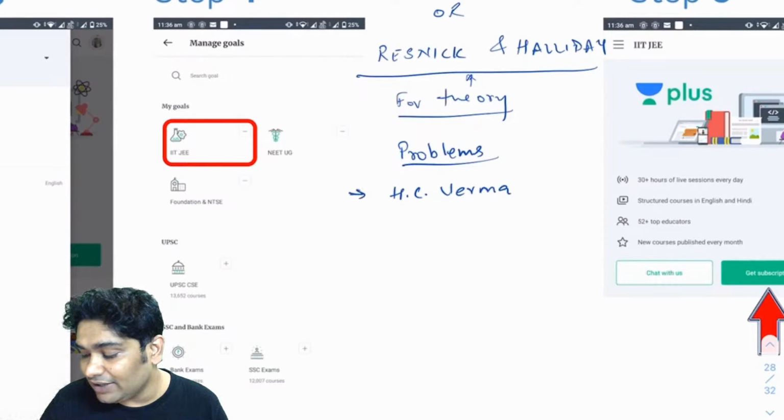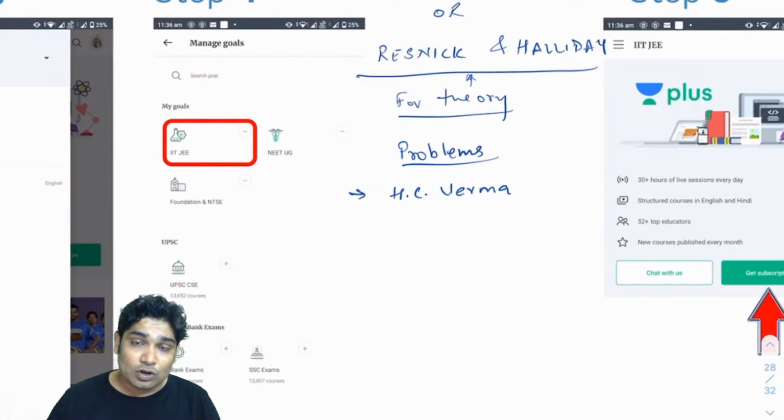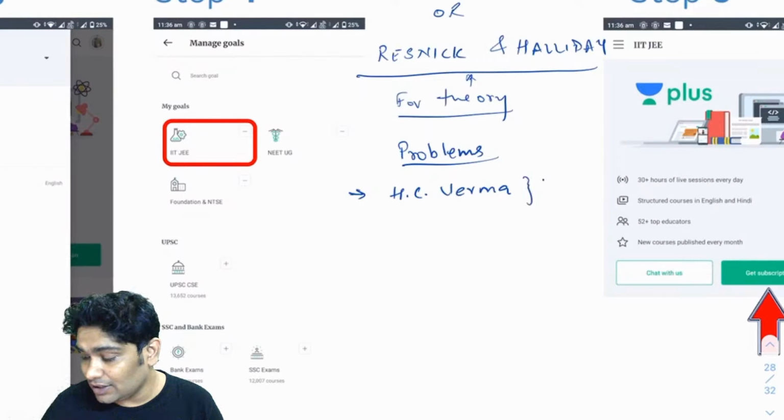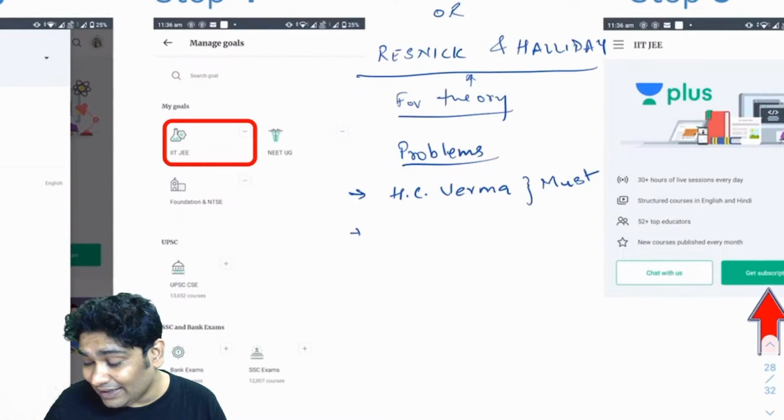H.C. Verma is definitely the first book, and then you can solve all the sheets that your teachers would be giving you in your classes. And finally, if you are ready, maybe you can solve Irodov. Now, if you feel ready, then Irodov maybe.